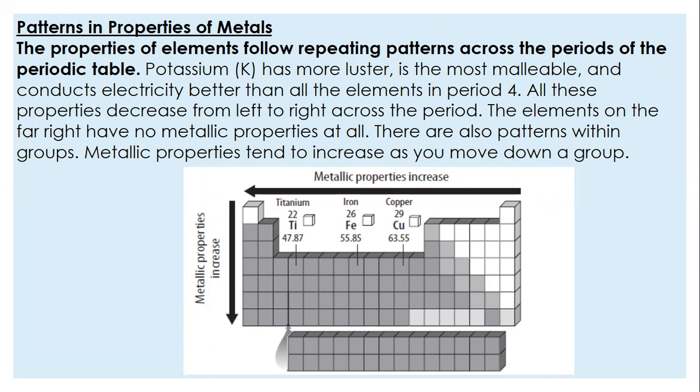The metallic property decreases as we go from the left to the right side of the periodic table. The strongest metals are found at the left, and then the metallic property decreases until it reaches the metalloids and then the non-metals. At the right, they will have no metallic property.